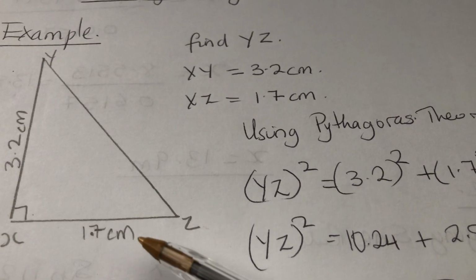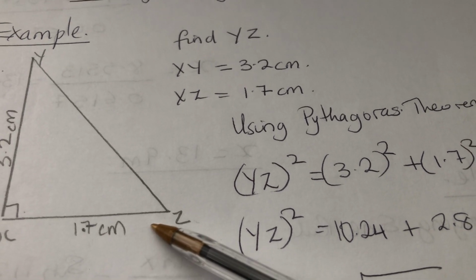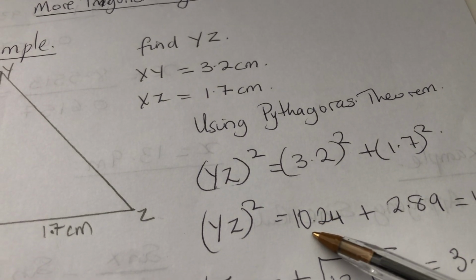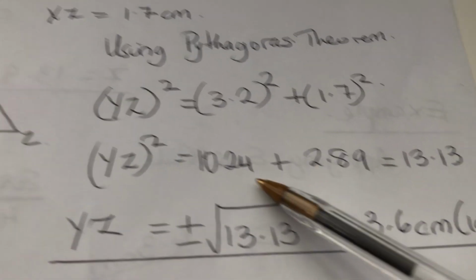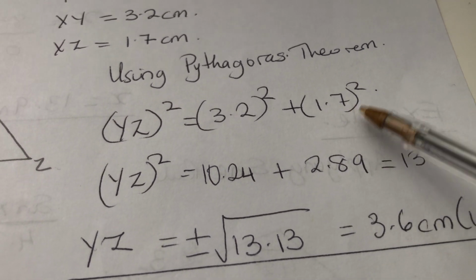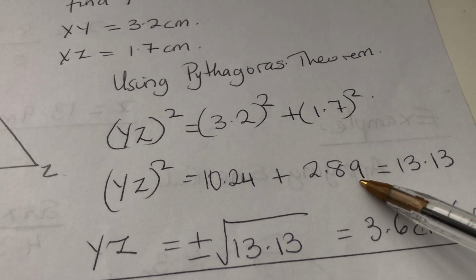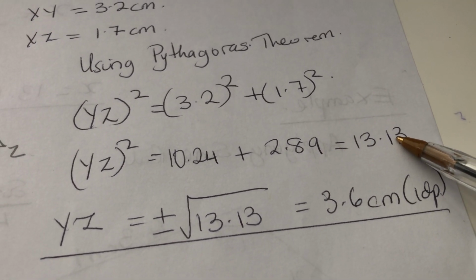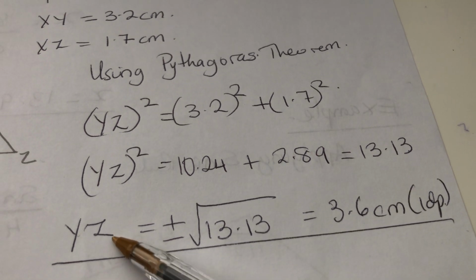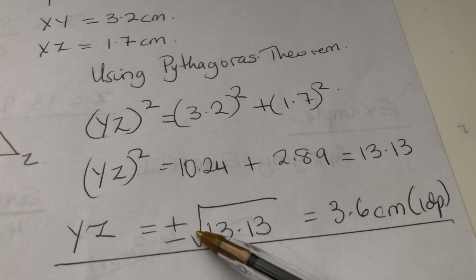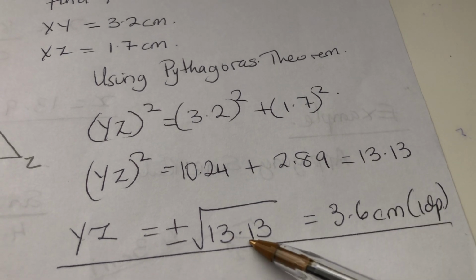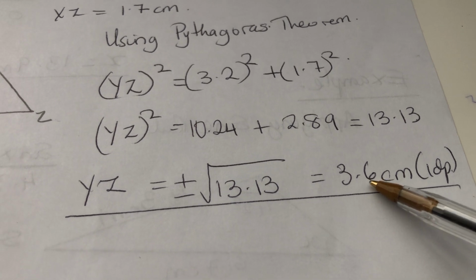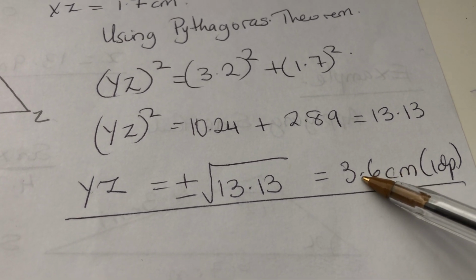In the end, I'll bring my units. 3.2 squared is 10.24, and 1.7 squared is 2.89, which gives 13.13. So yz is plus or minus the root of 13.13, which gives 3.6 centimeters to 1 decimal place.